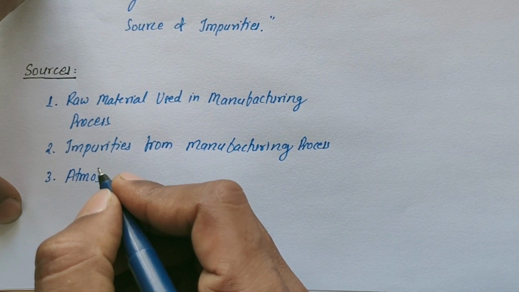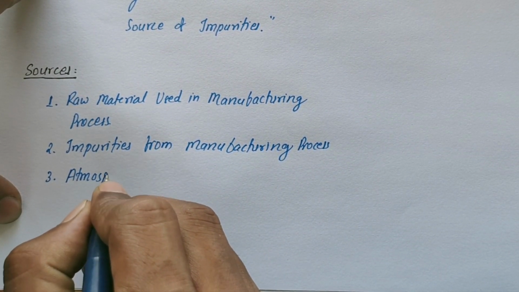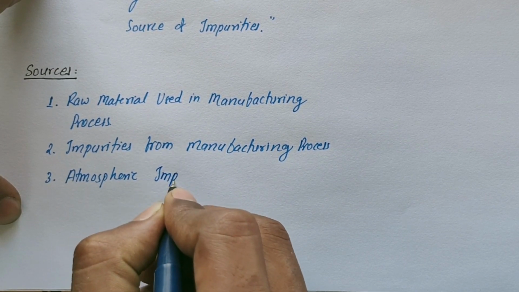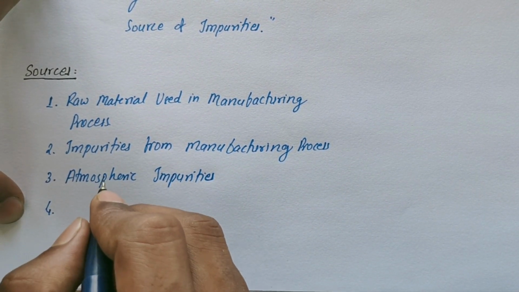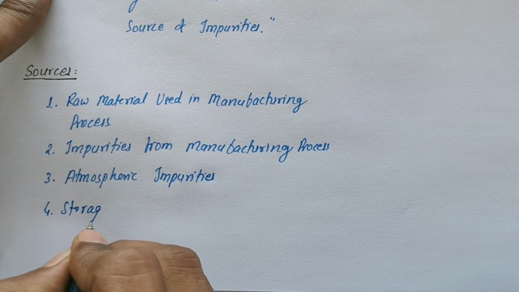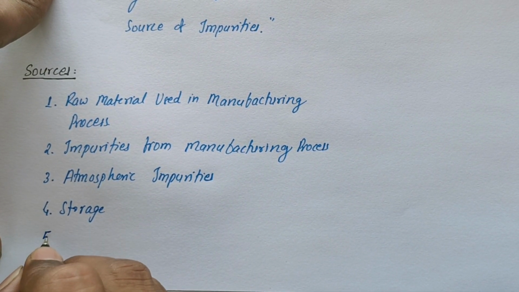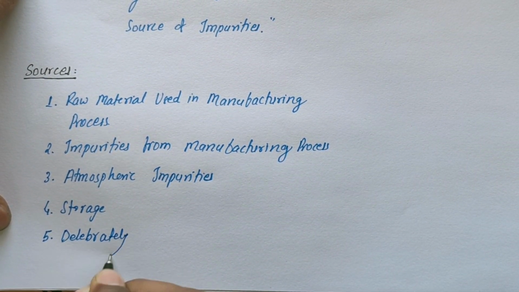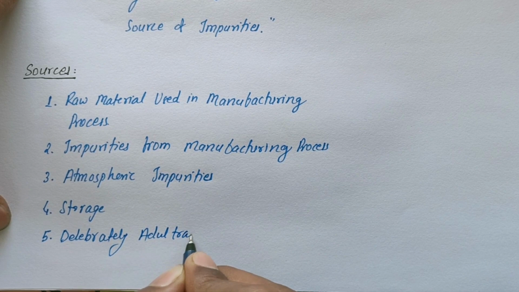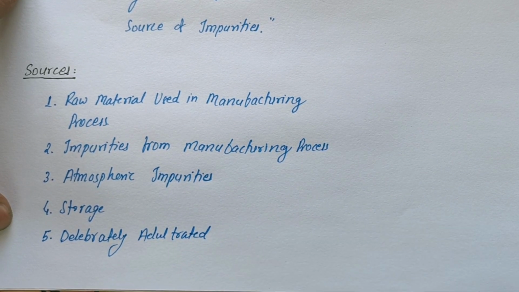The third one is atmospheric impurities, like carbon dioxide, air dust or any other things. The next point is storage. The last one is deliberately adulterated. So we are going to see each point in detail.